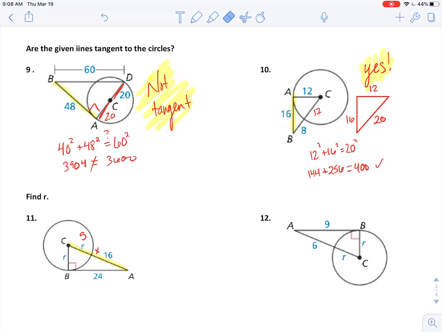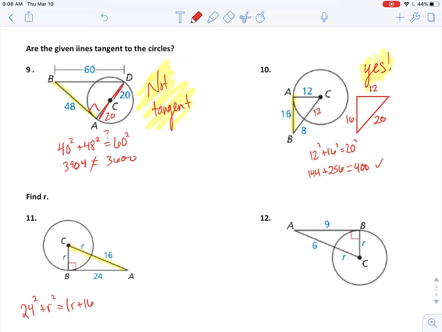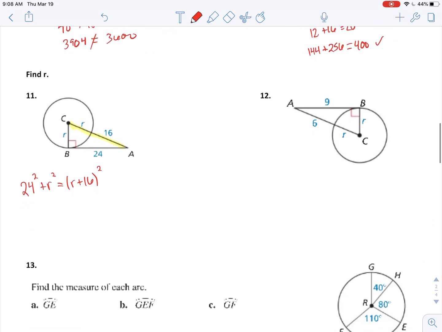We're trying to solve for R. So what we'll say is that whole hypotenuse must be R plus 16. So we've got 24 squared plus R squared equals R plus 16 squared.